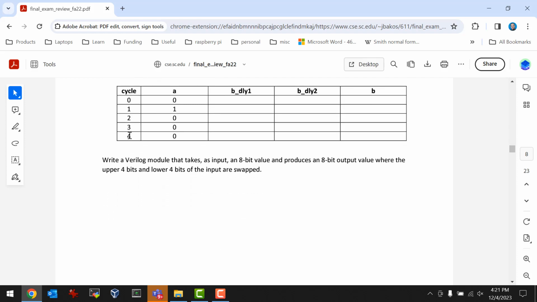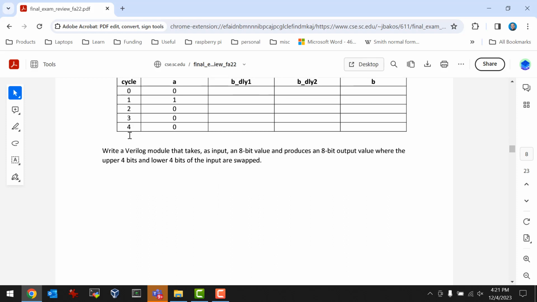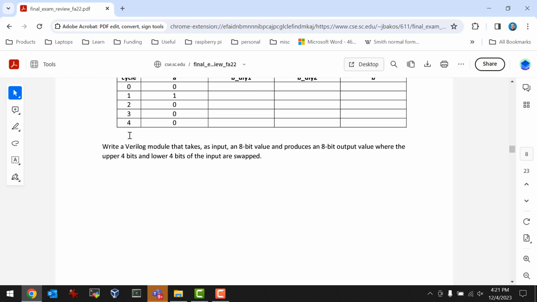Okay, write a Verilog module that takes an 8-bit value and produces an 8-bit output value where the upper 4 bits and lower 4 bits are swapped. How would you do that? We use the curly braces. You combine curly braces with commas, which concatenates.